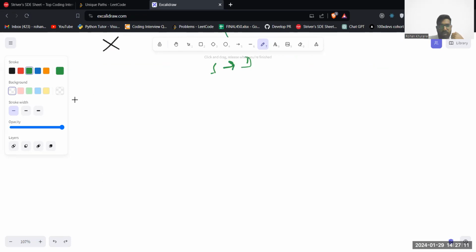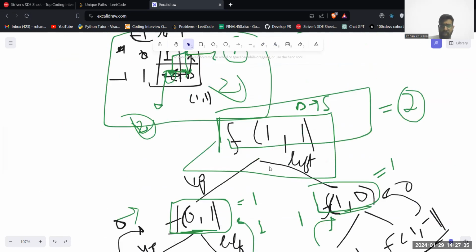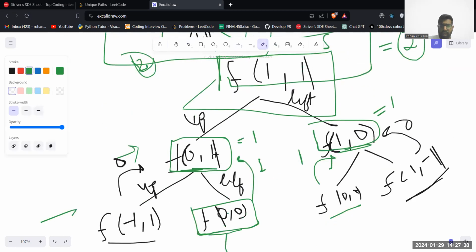Okay, fine. Let's first write the code. There are three things mainly to understand recursion. Number one, express everything in terms of variables, or you can say pointers. What does this mean? At every point, either of the two changes.